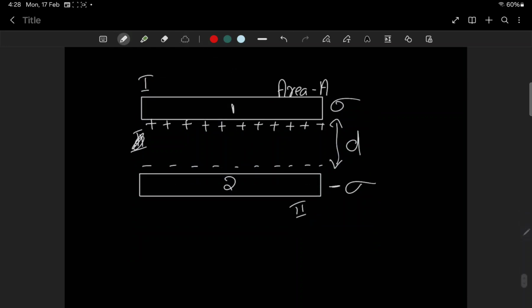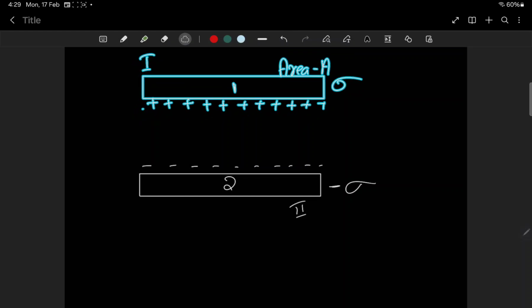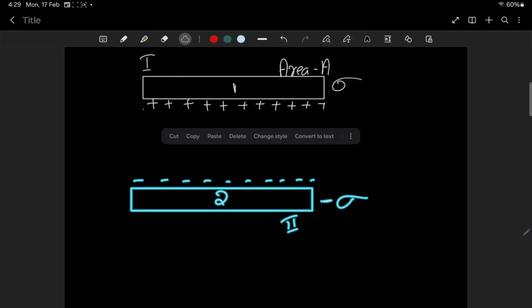Now according to this diagram, we derived the above situations. Now what I'm going to do is just take one plate apart so I can properly keep a dielectric between them.